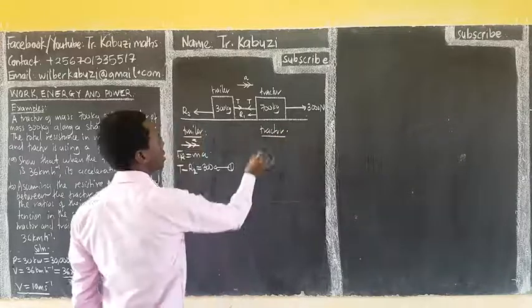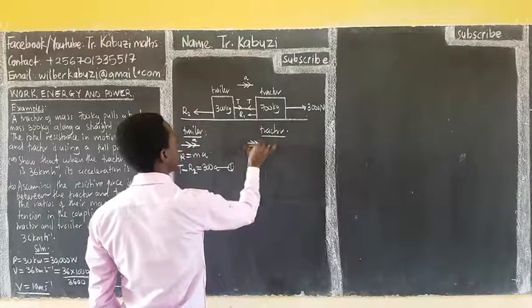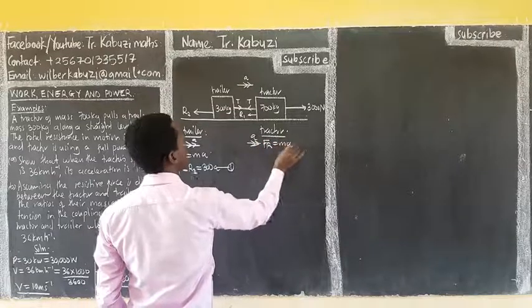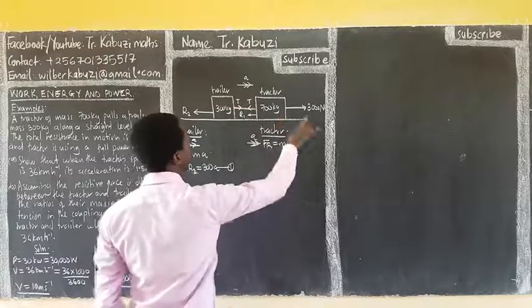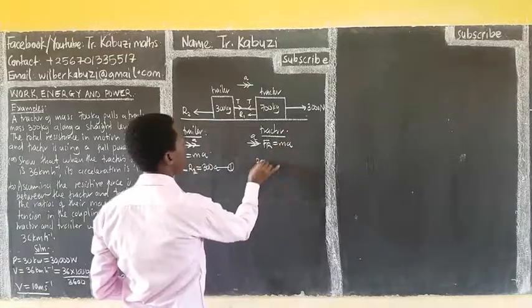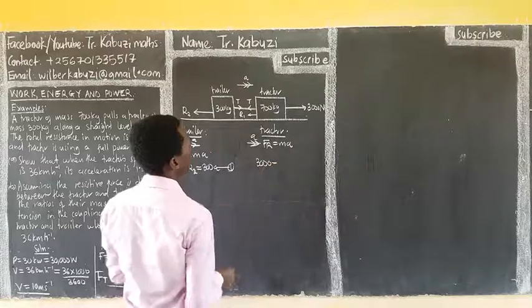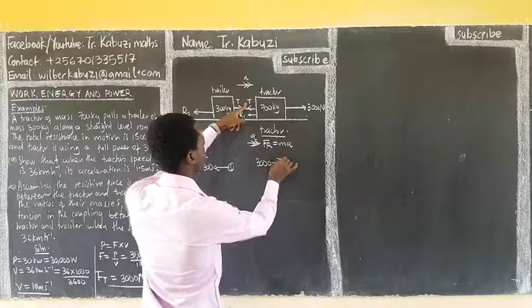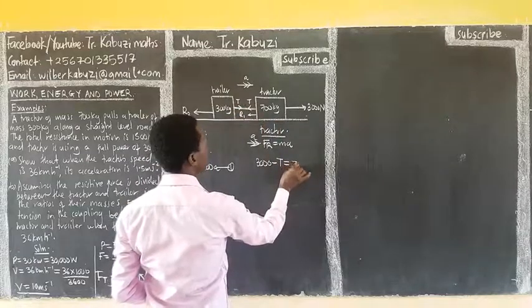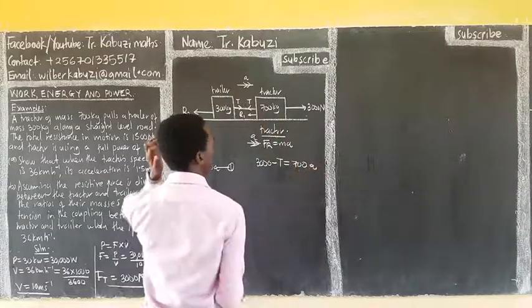Our tractor still is accelerating in that direction also. Remember, our resultant force is equal to ma. What's pulling it in that direction is 3,000, then minus this T. It will be equal to the mass, which is 700, times the acceleration.